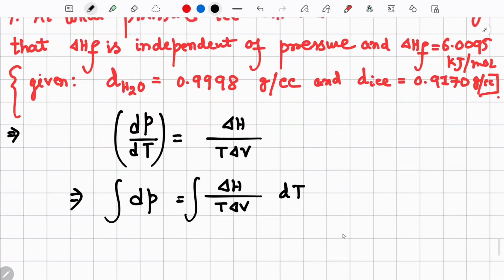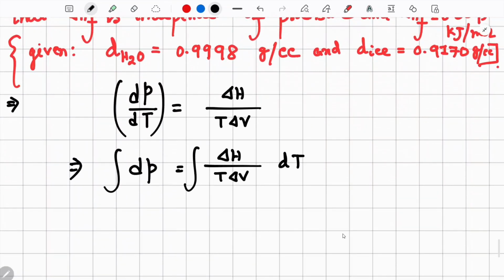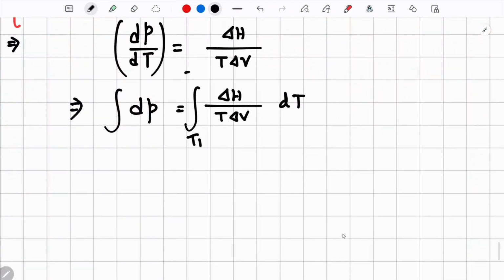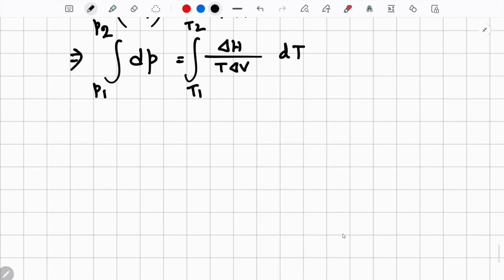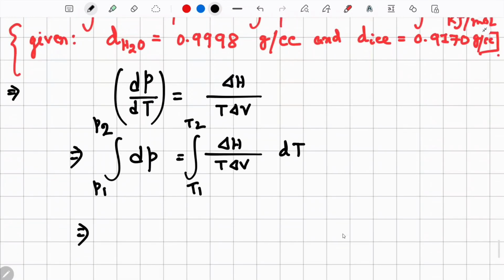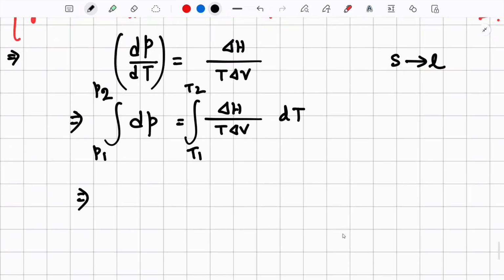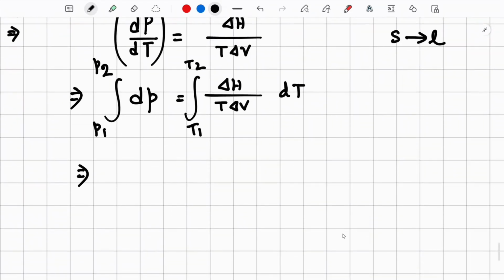We are changing from T1 to T2, and P1 to P2, from solid to liquid, melting. Delta V is positive, may or may not be positive, we'll look at that later.